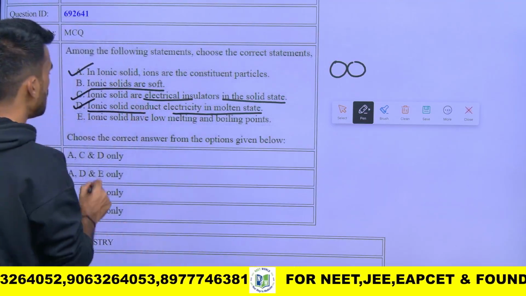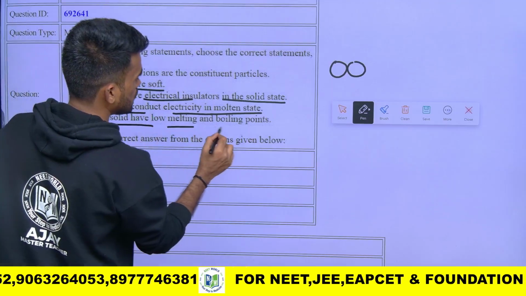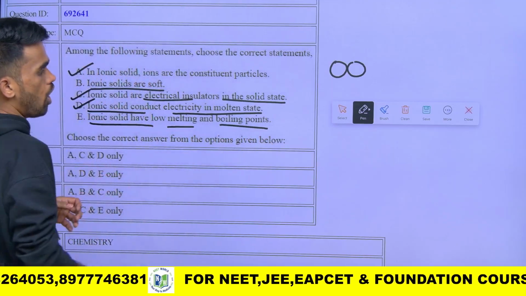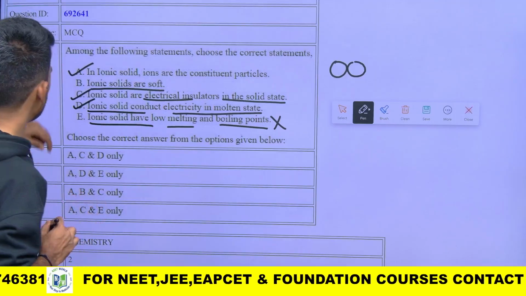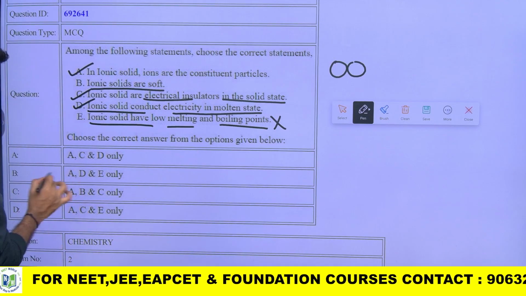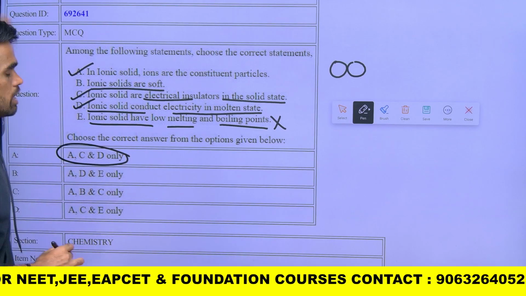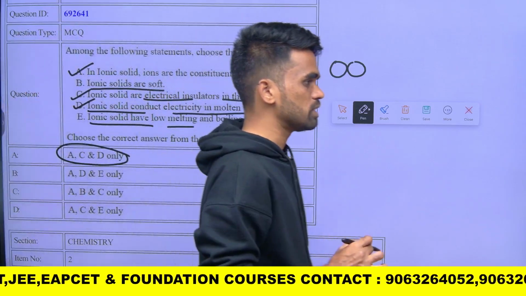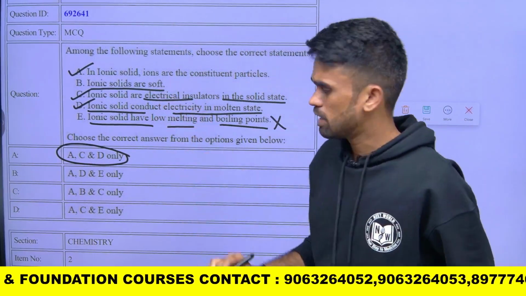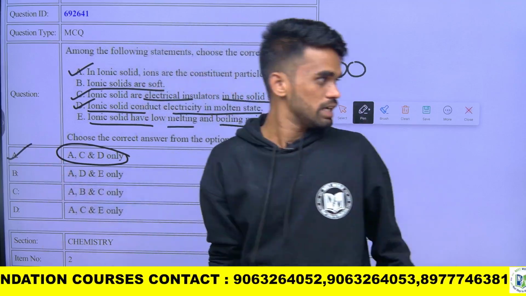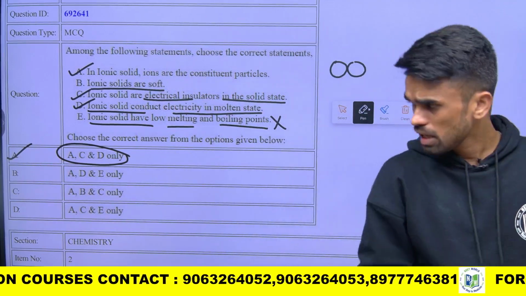Then next, ionic solids have low melting and boiling point. No, ionic solids have high melting points, right? Which means ACD, so option 1 is our correct answer for this particular question. I hope it is clear. So this is how we are choosing the statements. Let's move further.